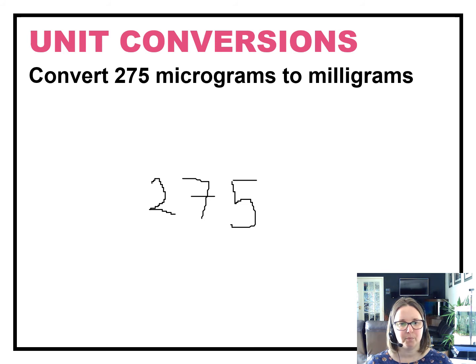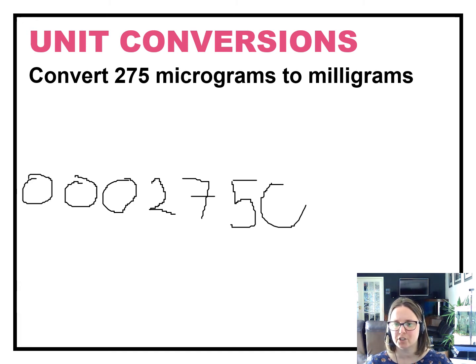And I'm going to pop some leading and trailing zeros onto either side of it. You don't have to do this, but it just helps you keep those zeros in their place.